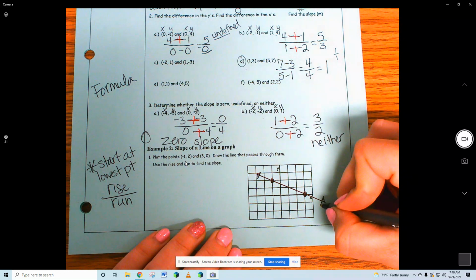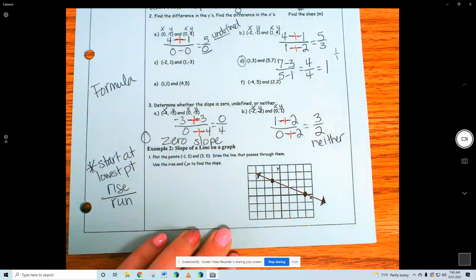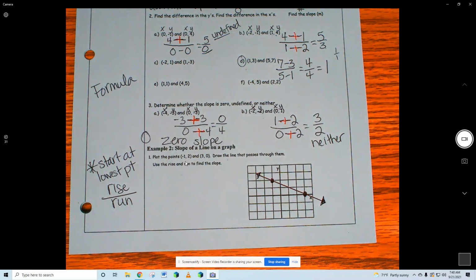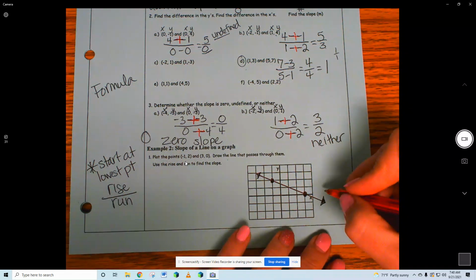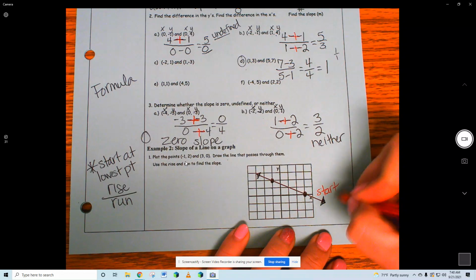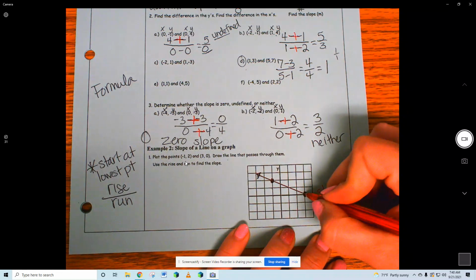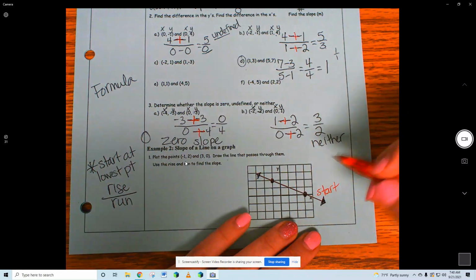When I graph, there's always arrows at the end of each side. My line is straight. You guys can always use my rulers that I have over there. Rise and run. Start at your lowest point. Start here. And I'm going to rise. Can you watch my screen first?